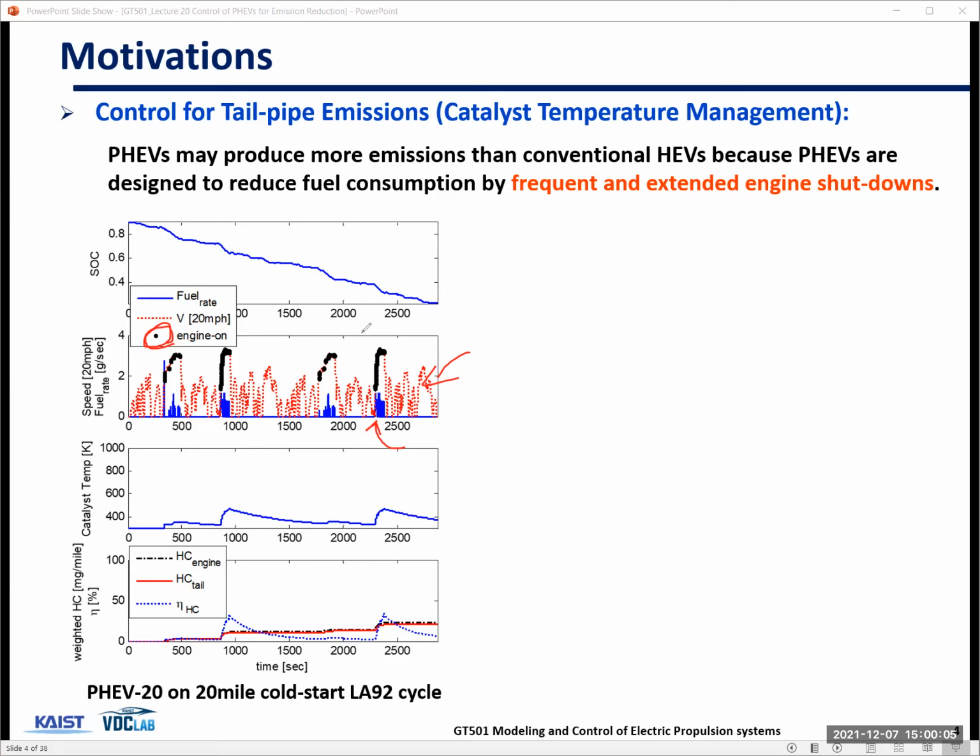So the engine will come on only if a driver asks for high power, right? And that's this region, right? But for a very short amount of time, okay?